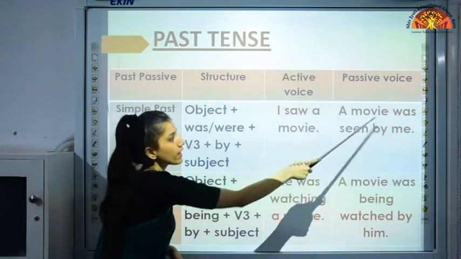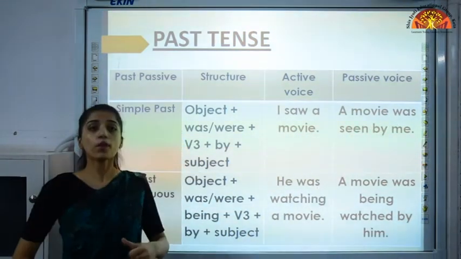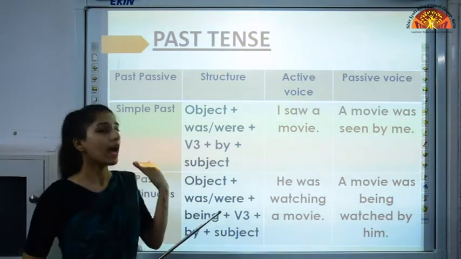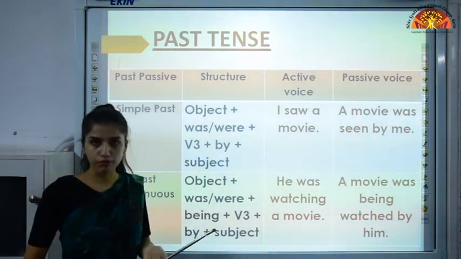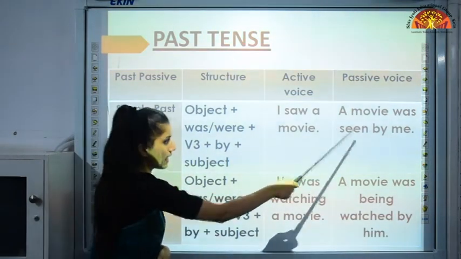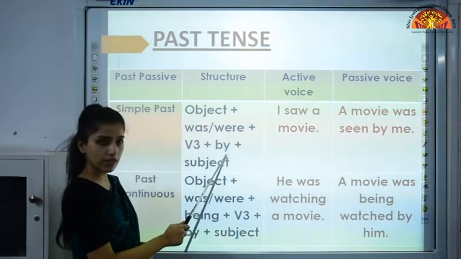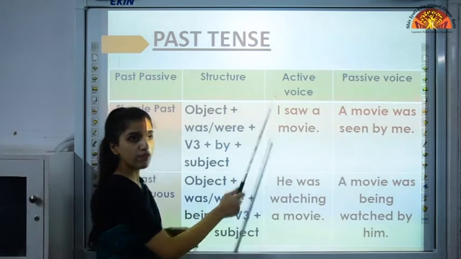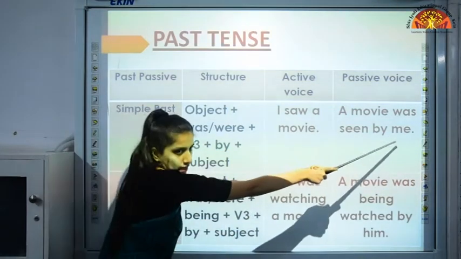So a movie was. Saw is the second form of the verb, and we have to convert it into the third form of the verb. So saw's third form is seen, then we will add the preposition by, and then the subject, that is I, and I will be converted into me.